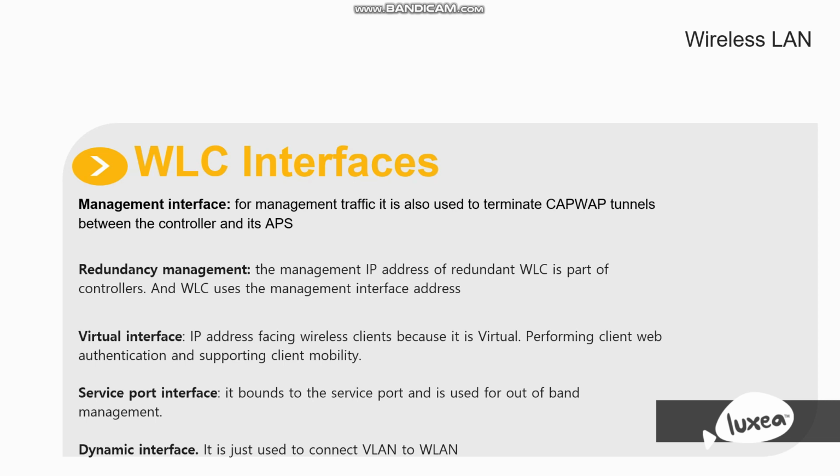Service port interface: it is bound to the service port and is used for out-of-band management. Dynamic interface: it is just used to connect a VLAN to a WLAN, wireless LAN.